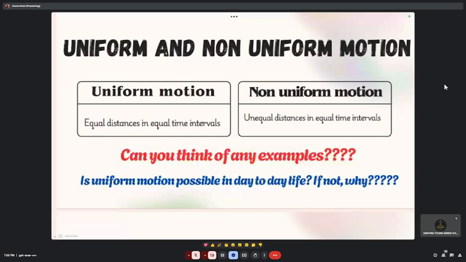What is the rate at which an object is moving, ma'am? That means that the car covers 40 kilometers of distance in 1 hour, in 60 minutes. That is how you express speed in practical terms. When a car is traveling, it covers 40 kilometers in 1 hour. That is what we understand by speed.